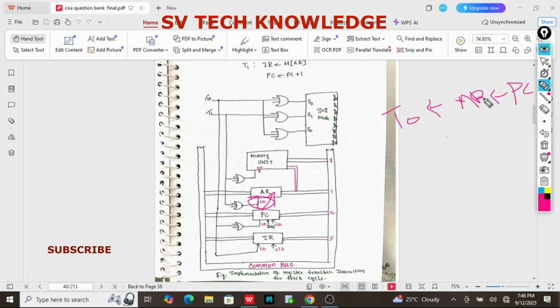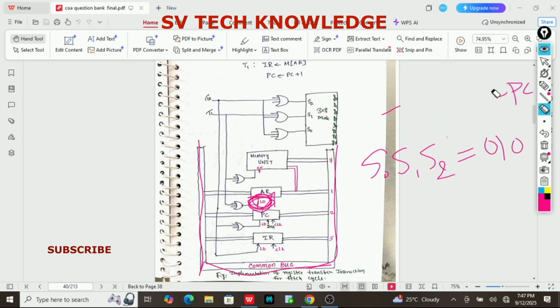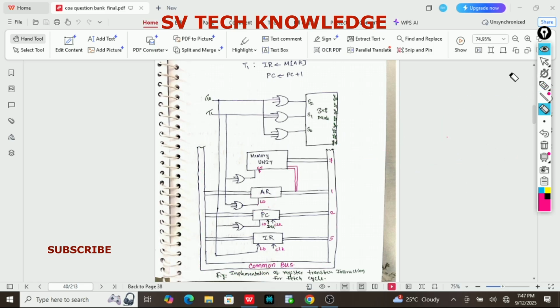This will happen when the load is enabled, which happens when the bus is enabled, when the select inputs S0, S1, S2 are 0, 1, 0. It is very clear. Now AR is loaded with the content stored in PC. So time T0 is completed.